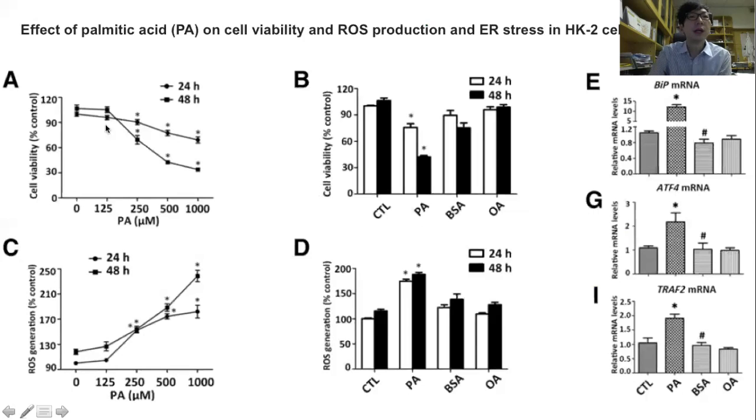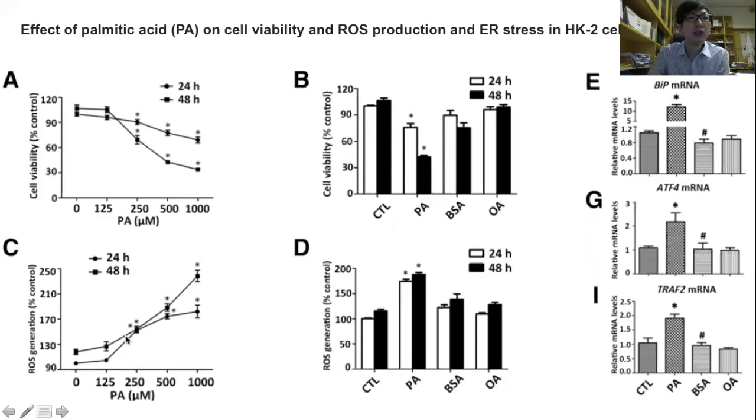So here you can see that when cells, particularly HK2 cells, which are proximal tubular cells, were exposed to palmitic acid, the cell viability was reduced.